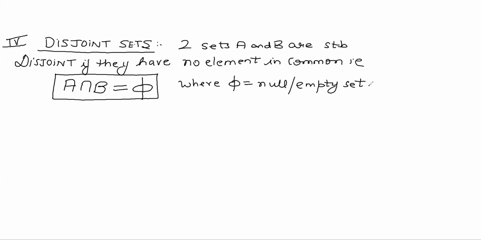A null set or an empty set is that set which has nothing, which has no element in it. So sets A and B are said to be disjoint if they have no intersection, if they have nothing in common.